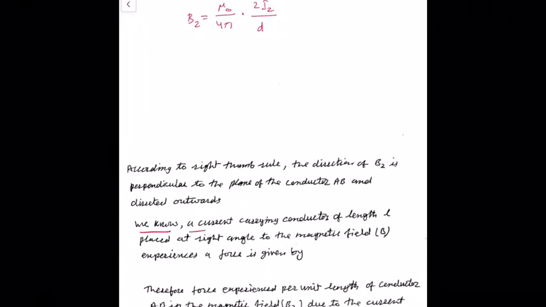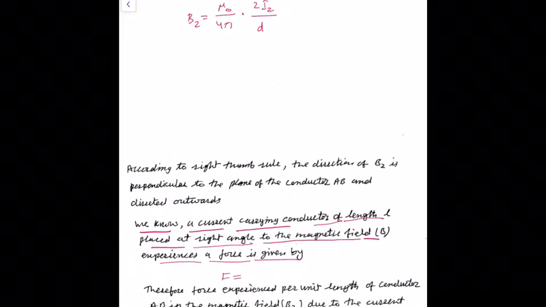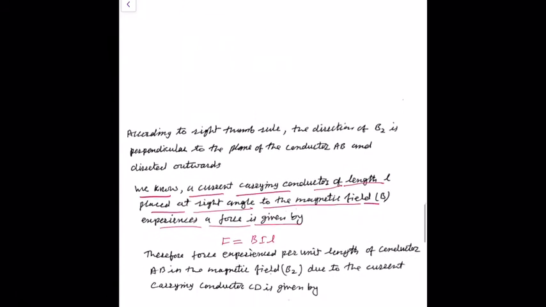So we know a current carrying conductor of length L placed at right angle to the magnetic field B experiences a force given by F is equal to BIL.